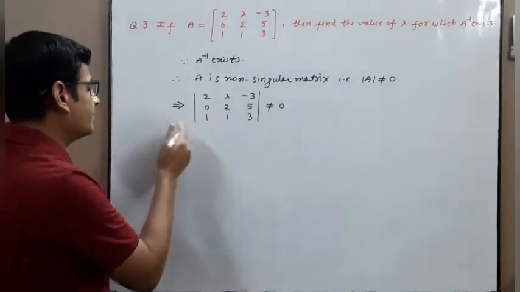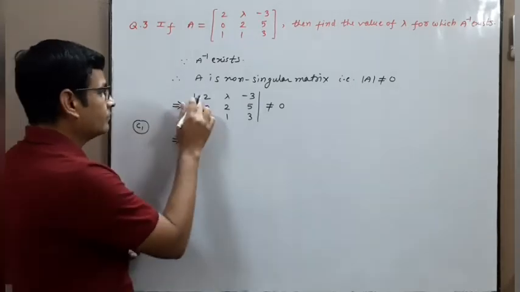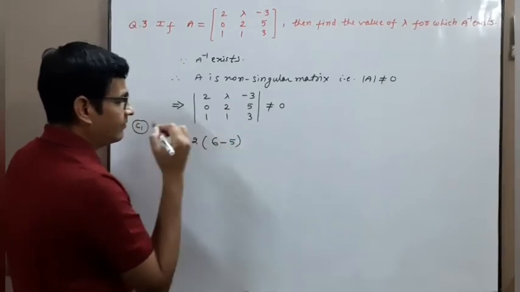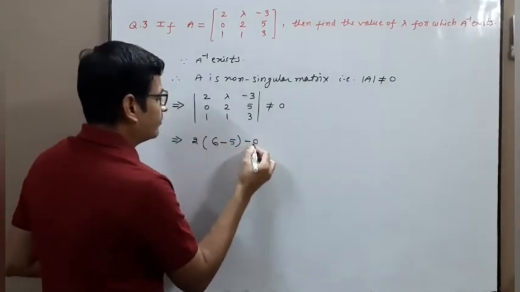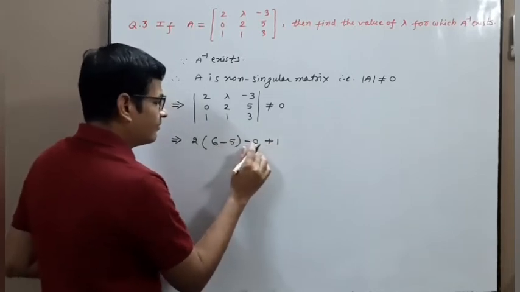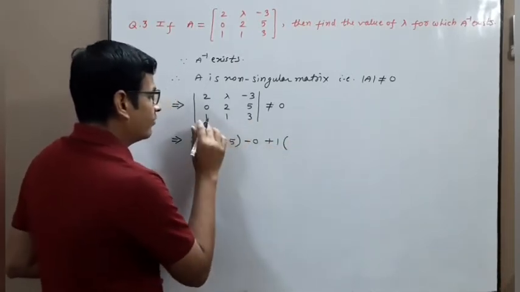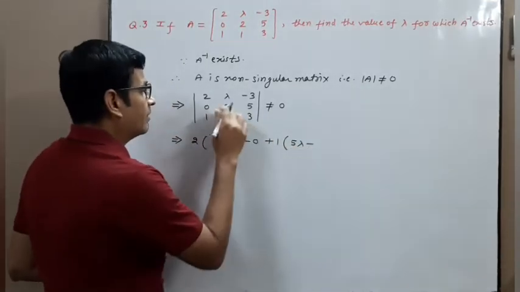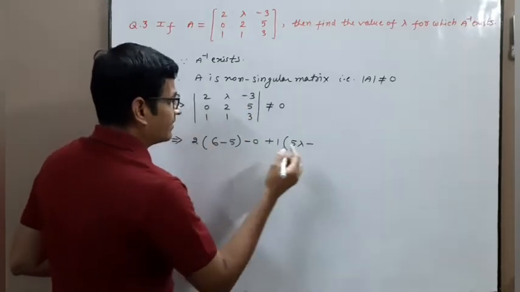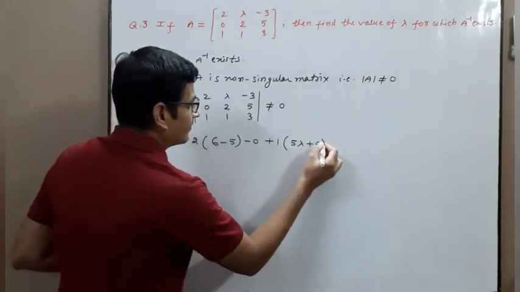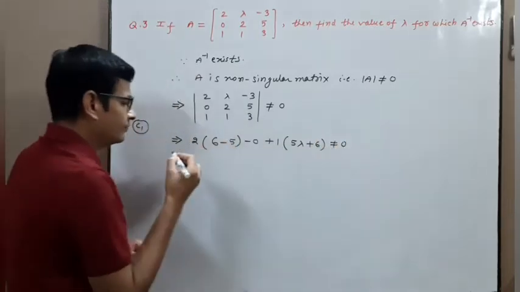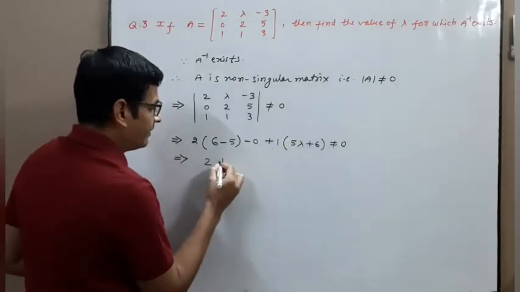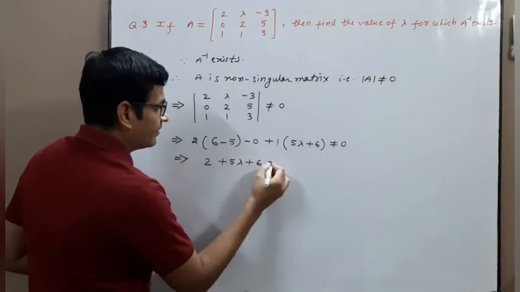Expanding along C1, 2 in bracket 2 into 3 is 6 minus 5, minus 0 plus 1; 0 into any number is 0, so no need to write in bracket; 1 into 5 lambda minus 2 into minus 3, minus 6, so plus 6, not equal to 0. 6 minus 5 is 1, so 2 plus 5 lambda plus 6 not equal to 0.